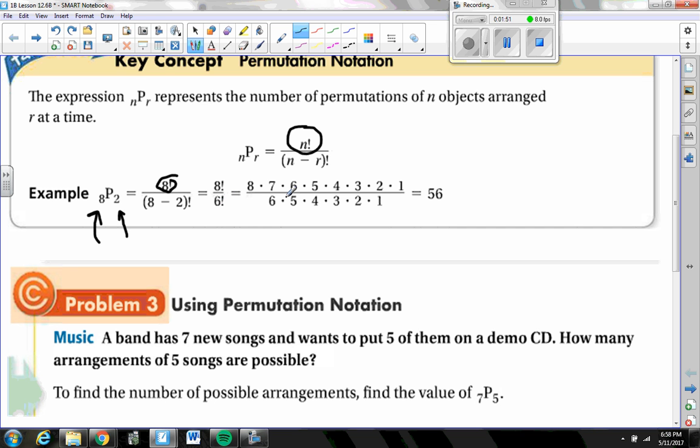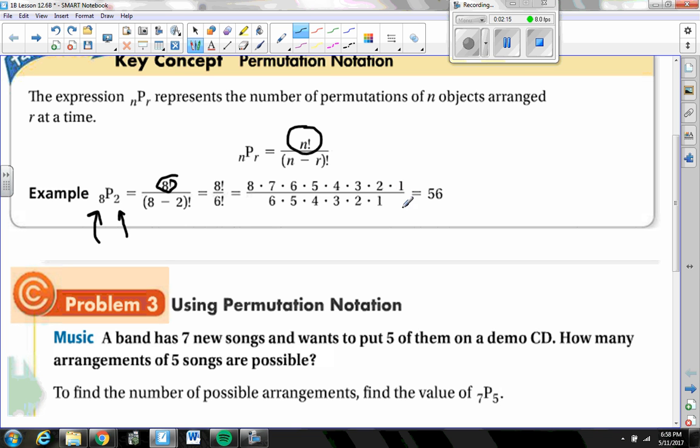Okay? Now this mathematics looks complicated. But I promise you, it's not as complicated as it looks, because when I do 8 factorial, that is 8 times 7 times 6 times 5 times 4 times 3 times 2 times 1. And then on the bottom of the fraction, I have 6 factorial, which is 6 times 5 times 4 times 3 times 2 times 1.